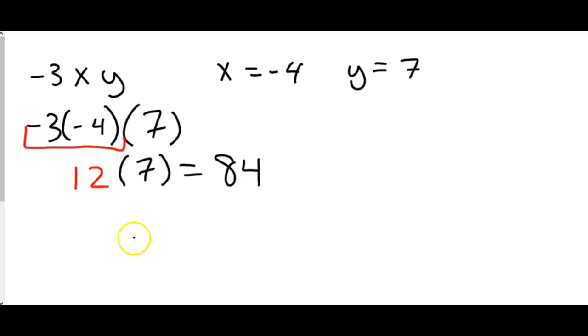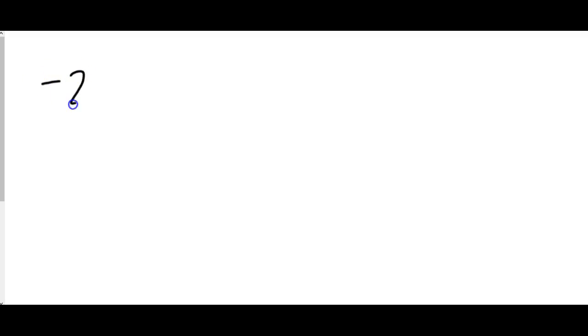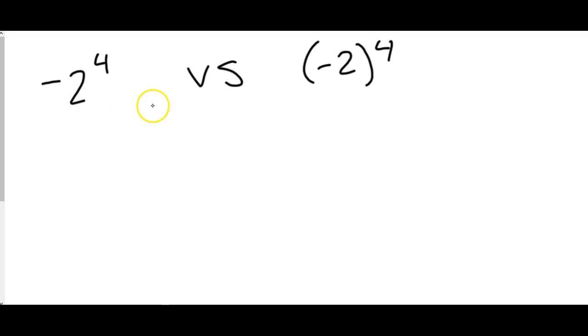So one thing that can be affected by multiplication is exponents, and negative numbers can be affected by exponents. So when we're looking at this situation, -2 to the 4th compared to (-2) to the 4th. I said it the same way, but the second one has parentheses, the first does not.